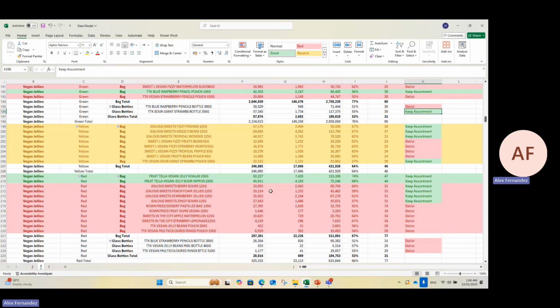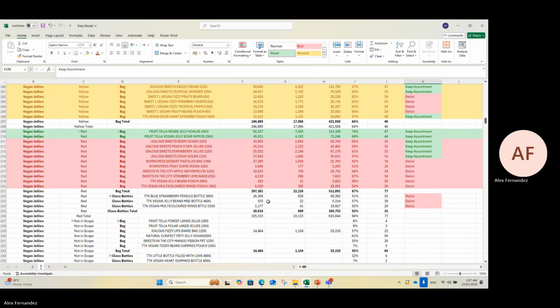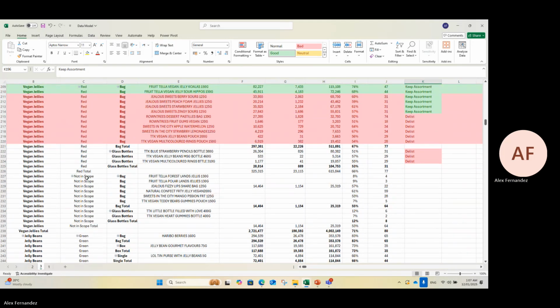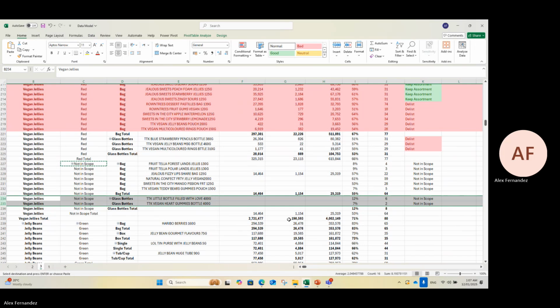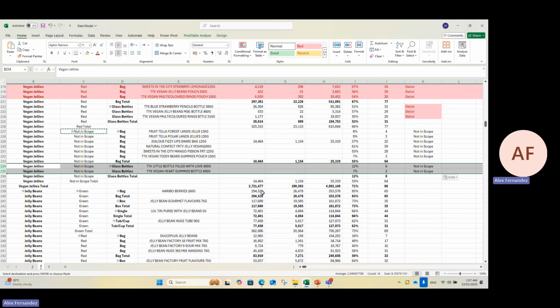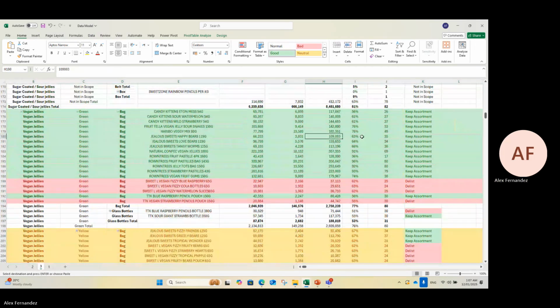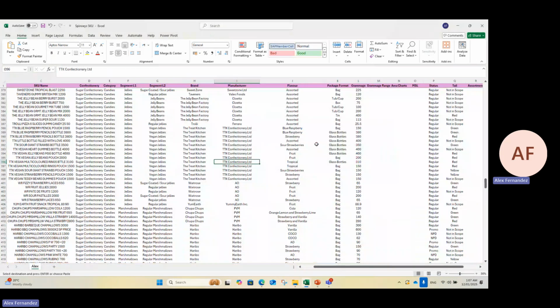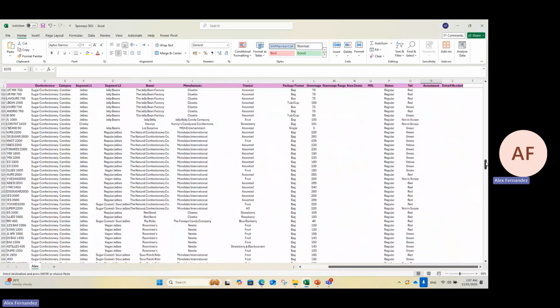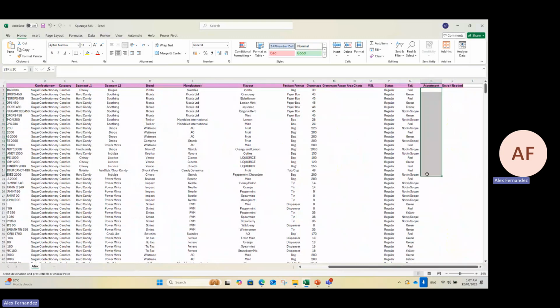So not in scope is always not in scope. And that's it. And then we relook up these SKUs in the SKU file under assortment and we fill it here. We do it for all segments.